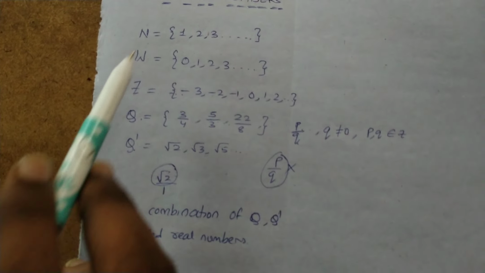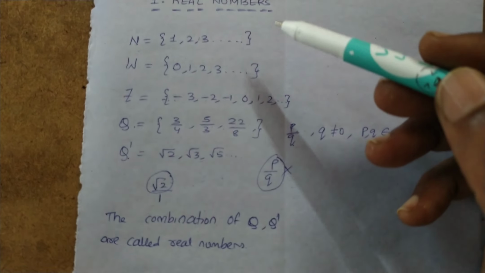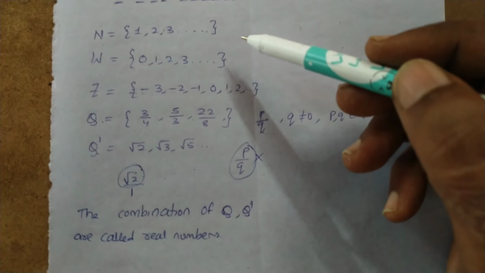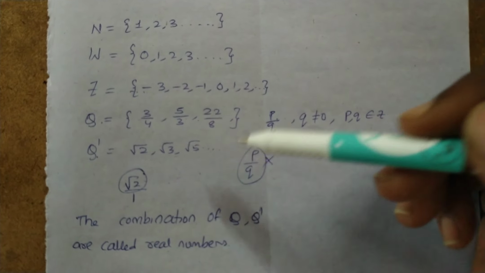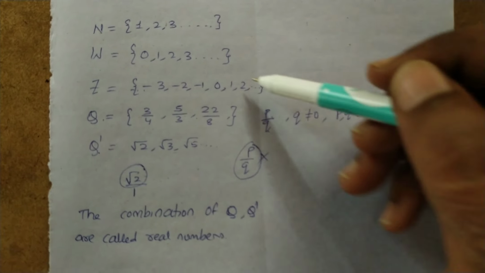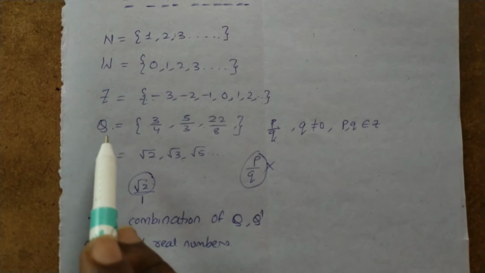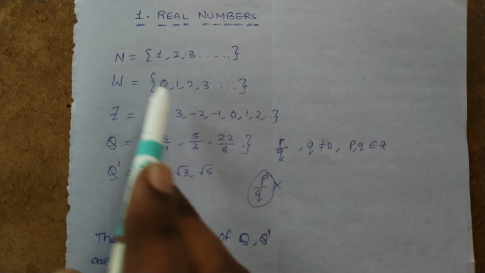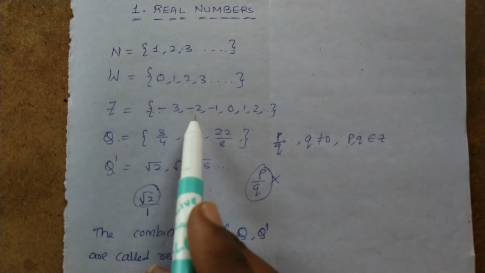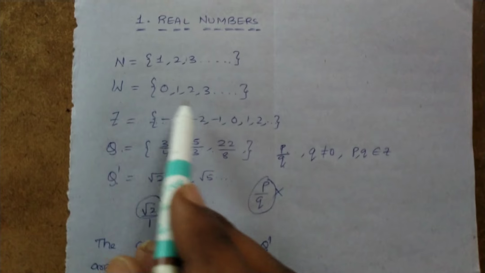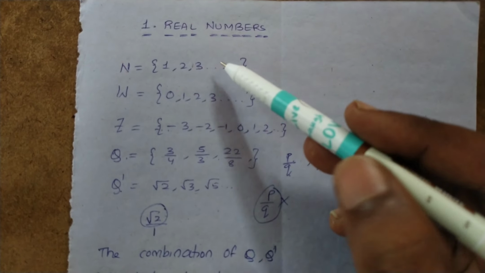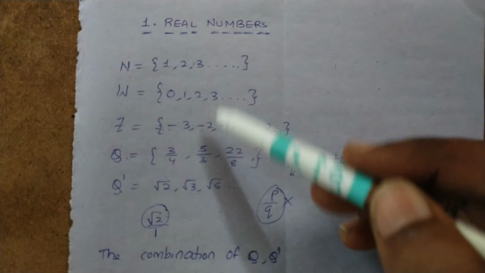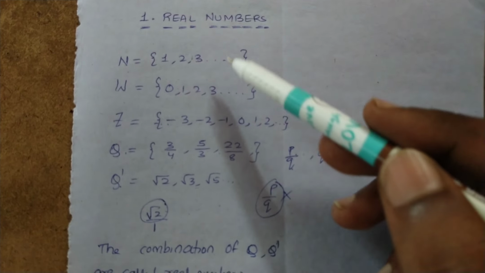Sir, why can't we combine these? Can we write the definition as the combination of natural numbers, whole numbers, integers, rational numbers, irrational numbers as real numbers? Actually, if you see carefully, all these numbers are rational numbers only. We can write minus 3 by 1, minus 2 by 1, 0 by 1, 1 by 1 or 2 by 1. So all the natural numbers, whole numbers, integers, we can represent in the form of p by q.